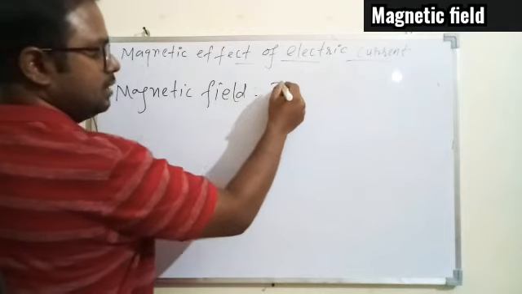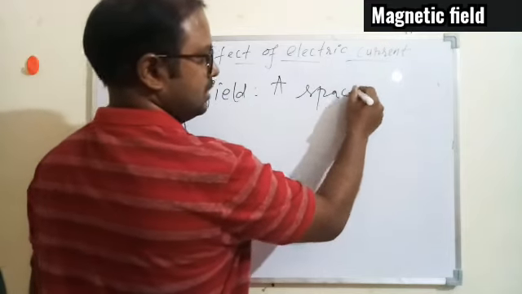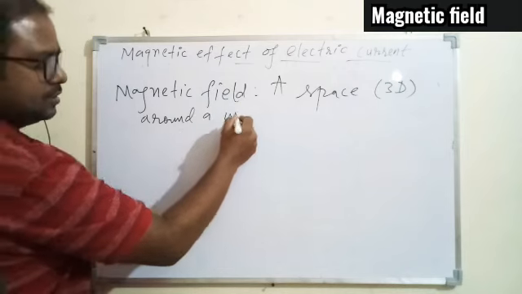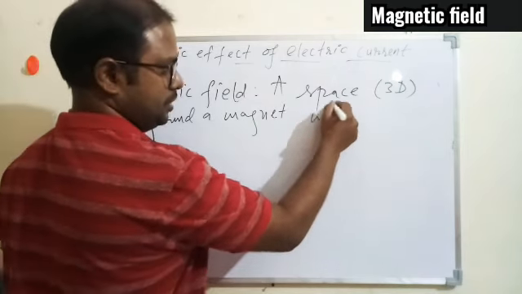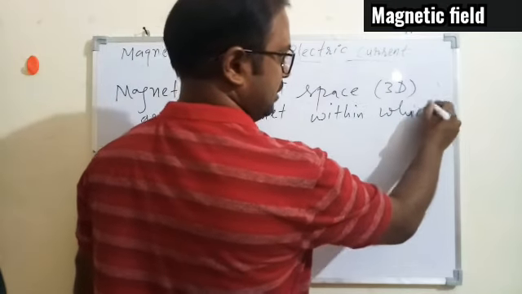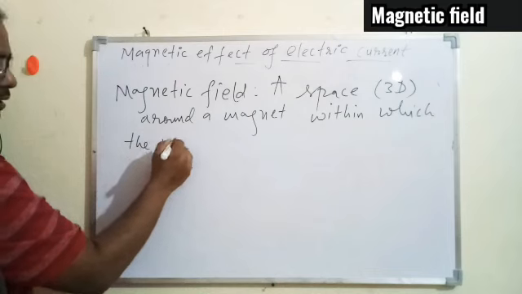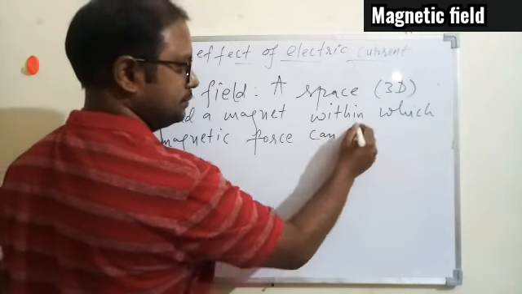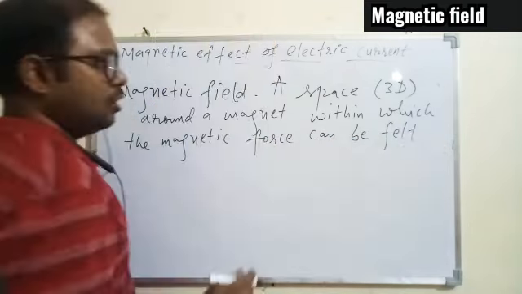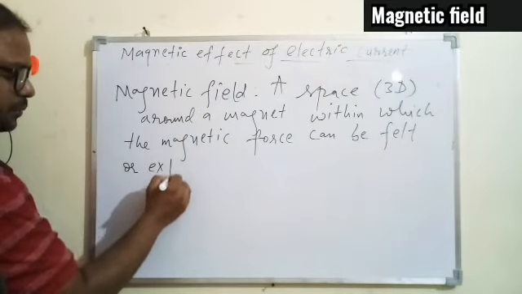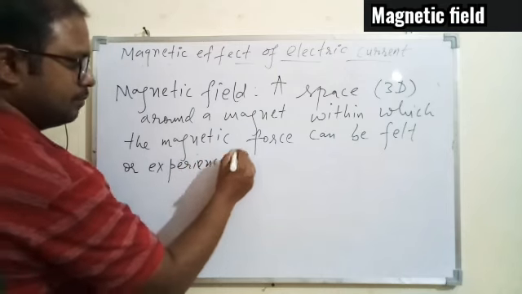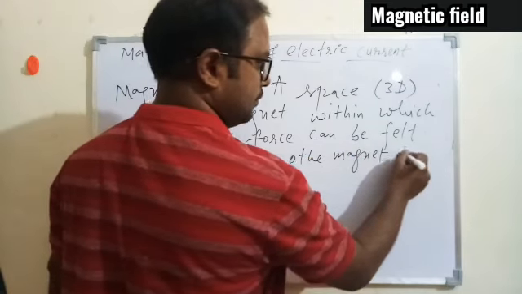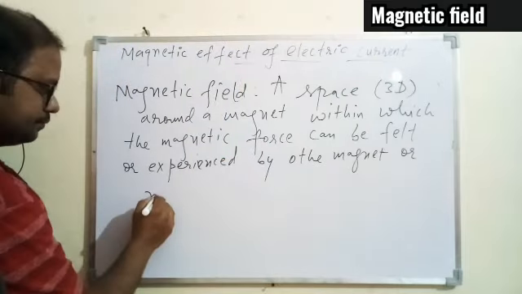Magnetic field: a space, that is, the 3D space around a magnet, within which the magnetic force can be felt or experienced by other magnets or magnetic material.